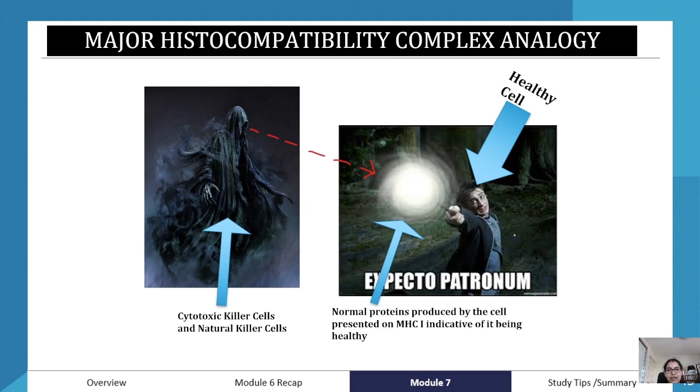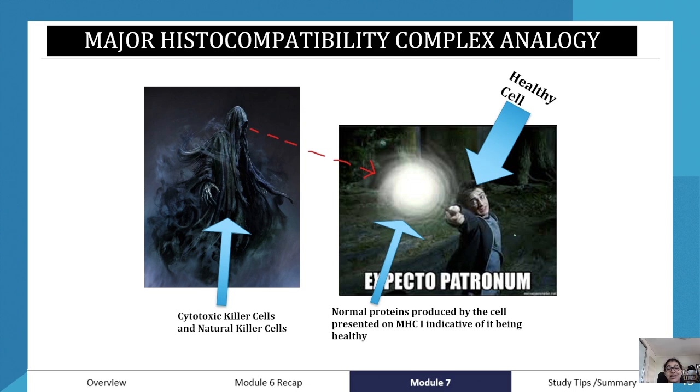And it's very dangerous. If it comes near a cell, just like Death Eaters, it can kill any cell essentially, but it is specifically looking for those cells with antigens on them that are foreign to the body. Any healthy cell does not want to be killed by a Death Eater, is afraid of the cytotoxic killer cells, as Harry is.